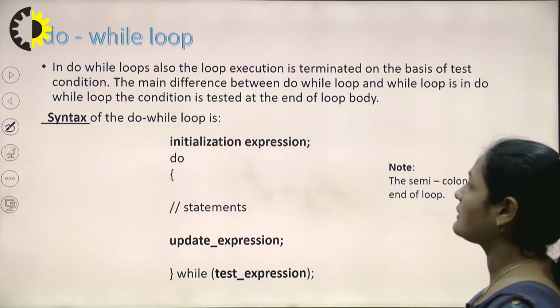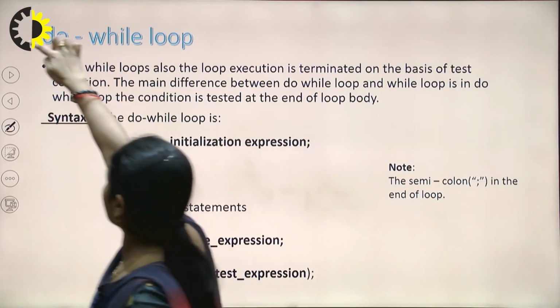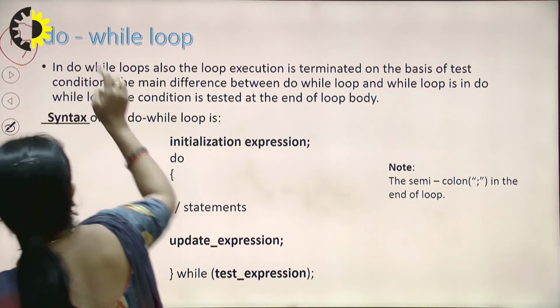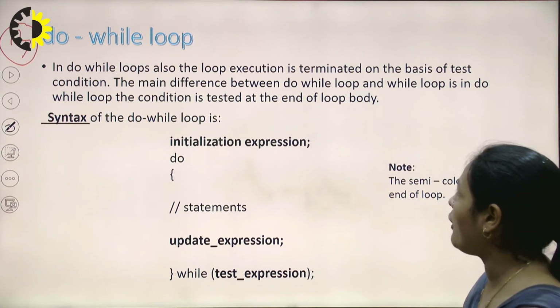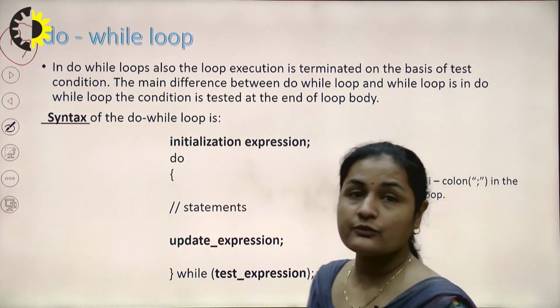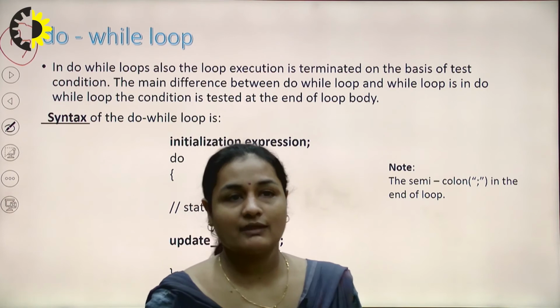Then the third type of loop is known as the exit control loop. It is the do while loop. In do while loops, the loop execution is terminated on the basis of the test condition.